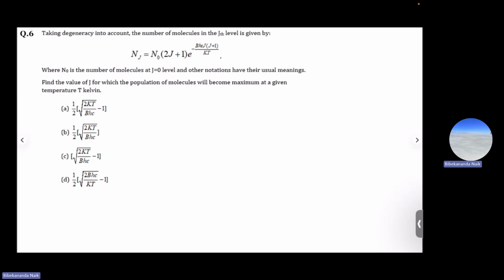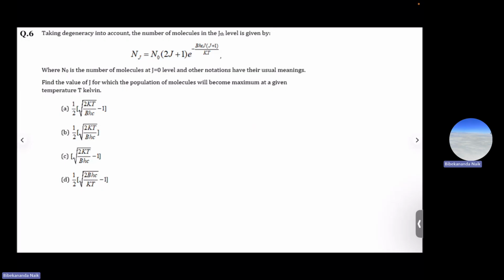Now question number 6. Question number 6 says, taking degeneracy into account, the number of molecules in the jth level is given by nj equals n0 (2j plus 1) exponential minus BhcJ(J plus 1) divided by kT, where n0 is the number of molecules at the J equal to 0 level and other notations have their usual meaning. Find the value of J for which the population of molecules will become maximum at a given temperature T Kelvin.